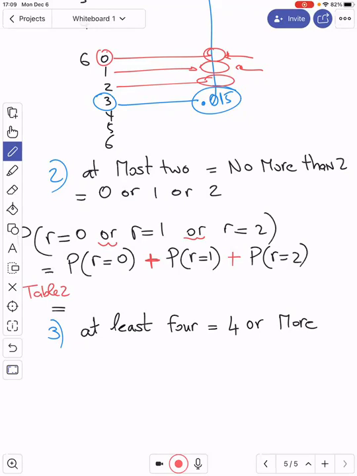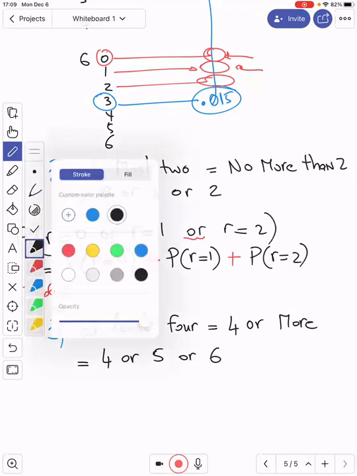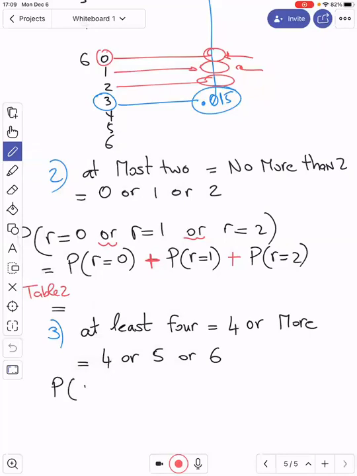Because in total we have 6 businessmen, right? So 4 or more, that will be 4 or 5 or 6. So that's the probability that R is 4 or 5 or 6.